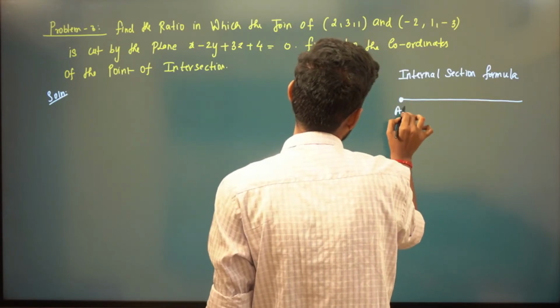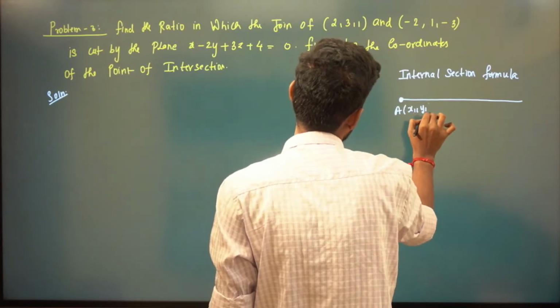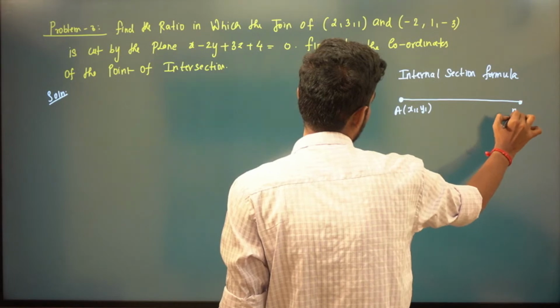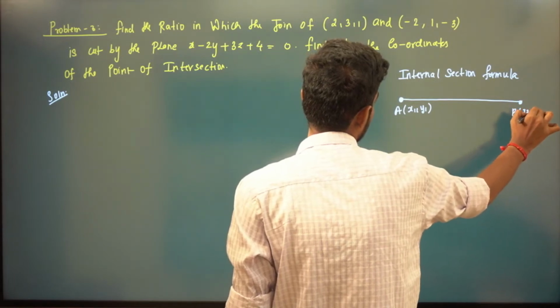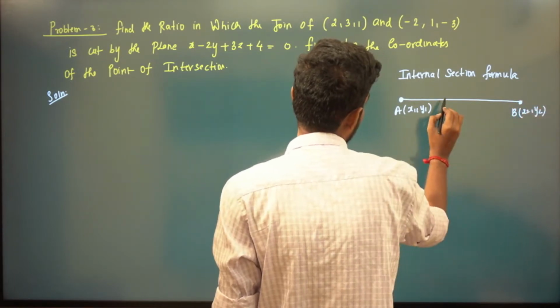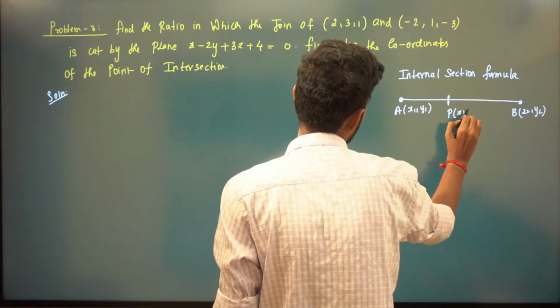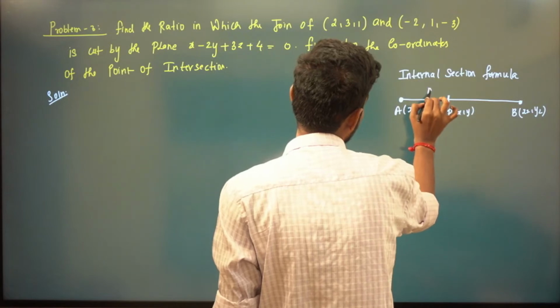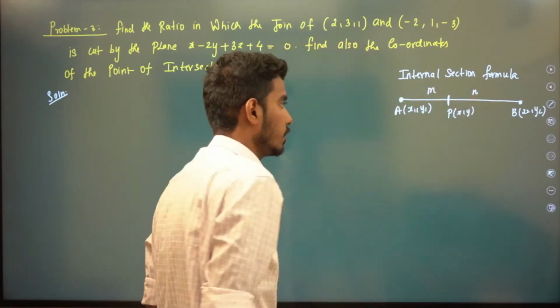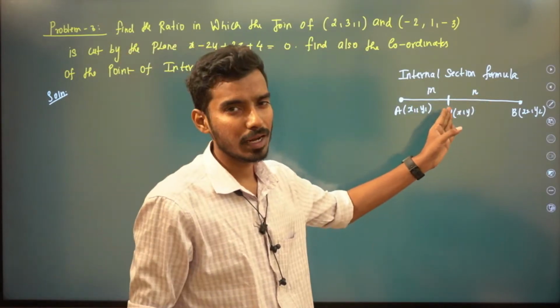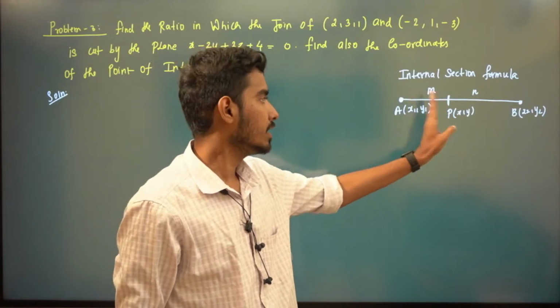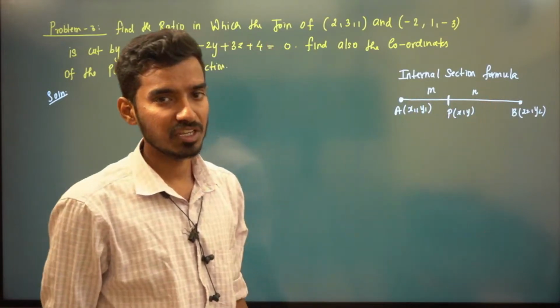If point A is (x1, y1), and point B is (x2, y2), and there is a point P, let's say (x, y), that divides this line in the ratio of m is to n, it need not be a midpoint, right? P is any point that divides the line in the ratio of m is to n.